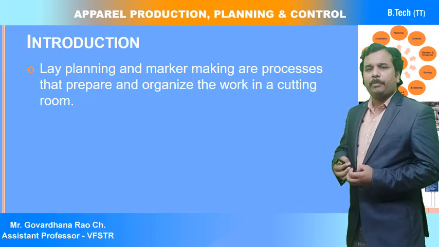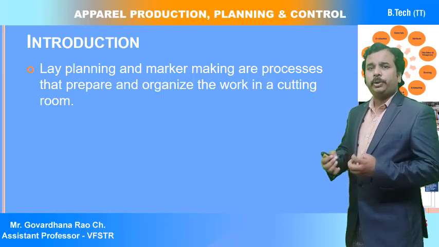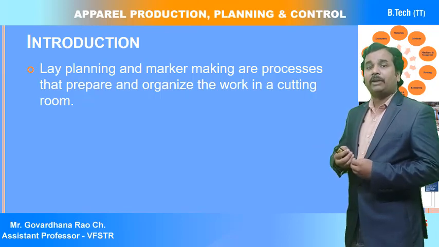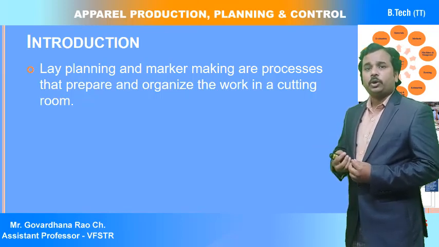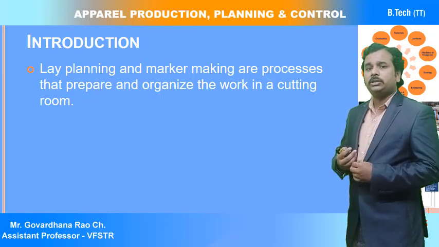As per the ordered quantity, we are going to prepare the marker, and from the marker we are going to plan for the lay. So we consider the quantities of a particular size of the garment.